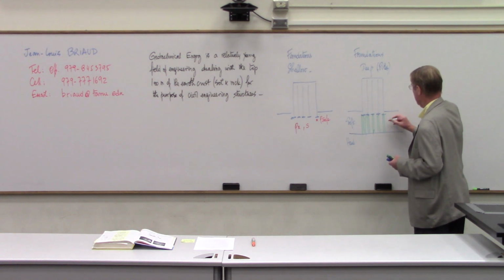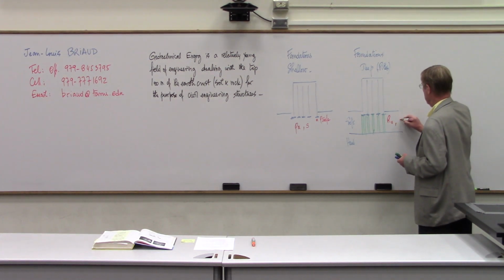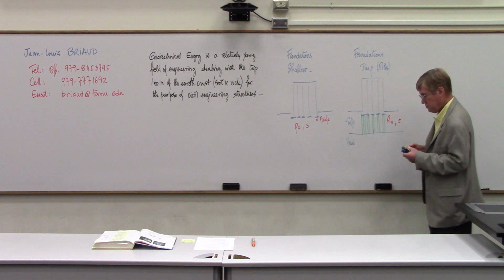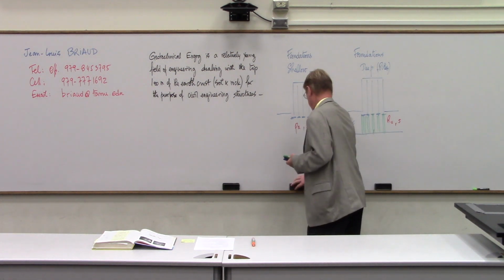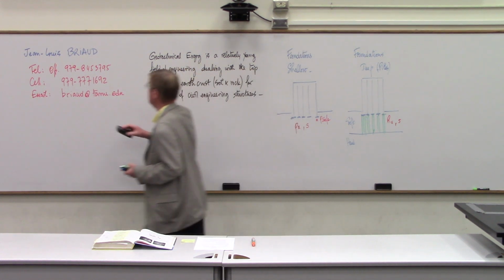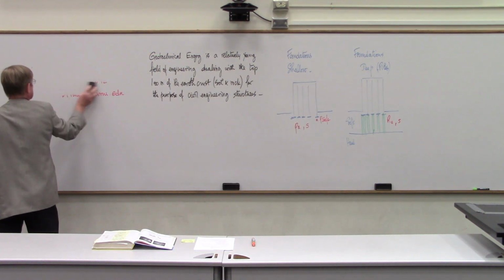So we have to calculate here the ultimate resistance of the piles, and we also have to satisfy the settlement of those piles. So these are two aspects of geotechnical engineering.